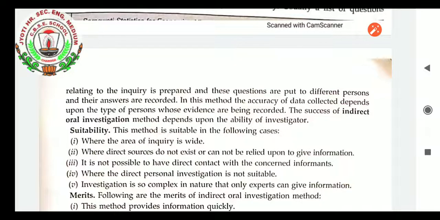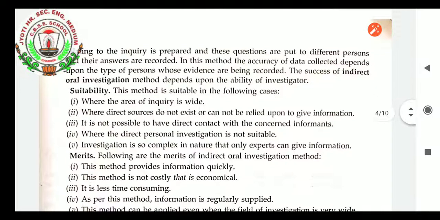The success of the indirect oral investigation method depends upon the ability of the investigator, how best they can do the investigation. The suitability of this method is in the following ways. Where the scope of inquiry is wide, we can have oral investigation. We can select some group of people, ask the questions, and make our investigation successful.